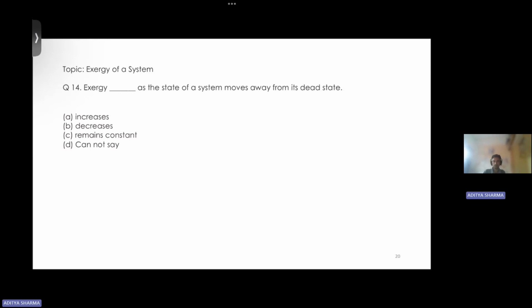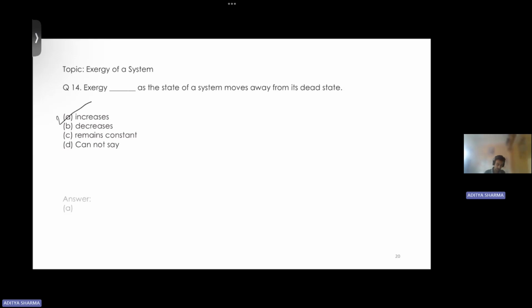So this is a fundamental question. If the state of the system is moving towards the dead state, it is losing its exergy. If the state is moving away from the dead state, exergy is increasing, right? And from the options available, option A says that it increases.